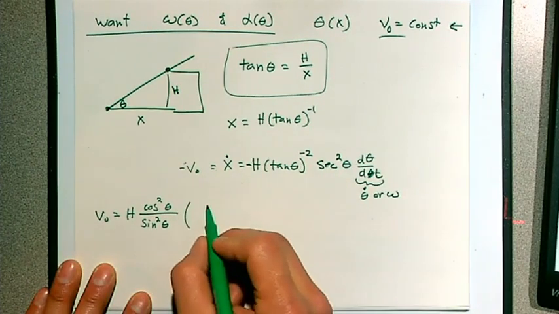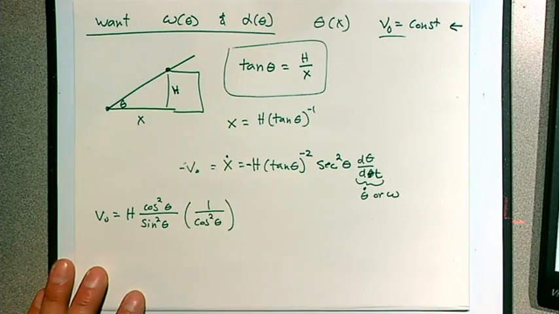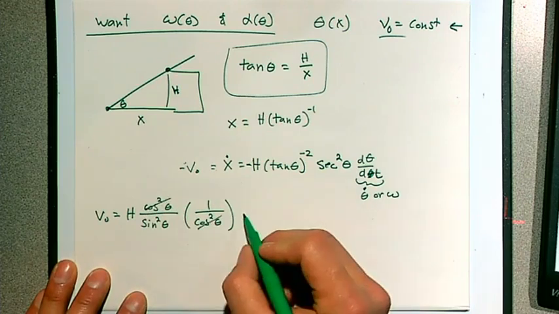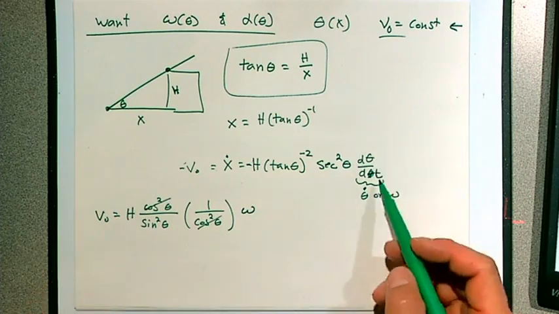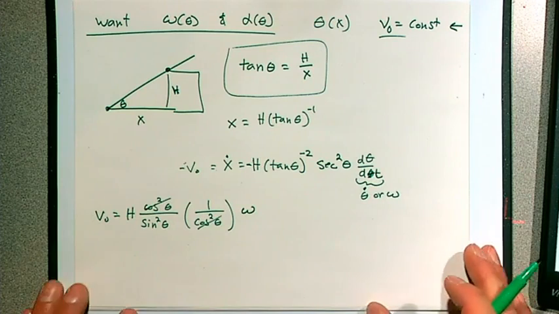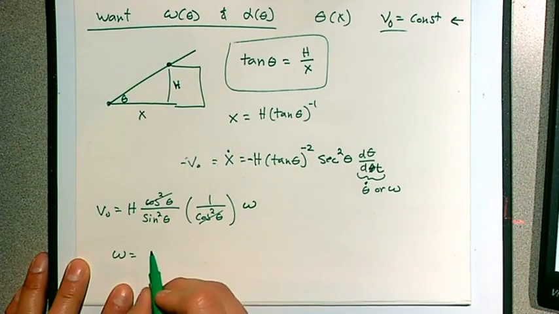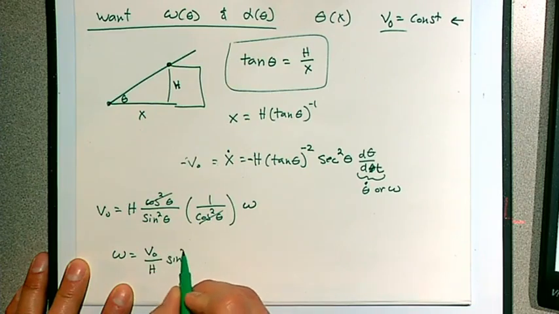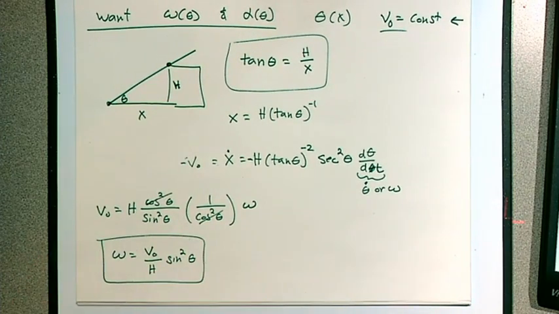Secant squared, secant is 1 over cosine. So our cosines will cancel. And this is our omega, or d theta dt. Rearranging, omega is equal to v0 divided by h times sine squared theta. Step 1 done. Give me the angular velocity as a function of angle theta.